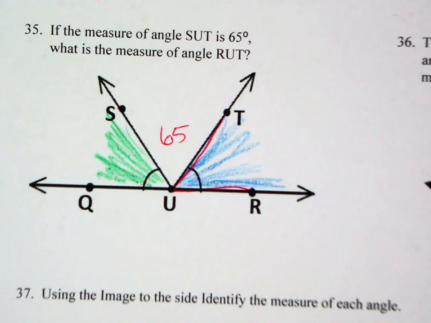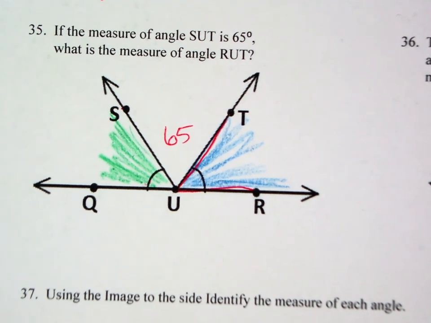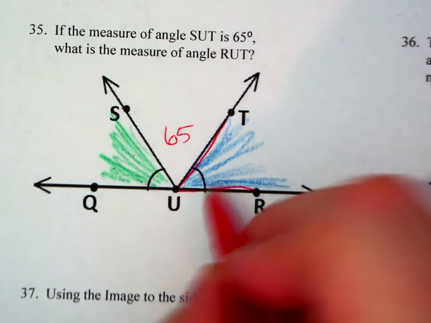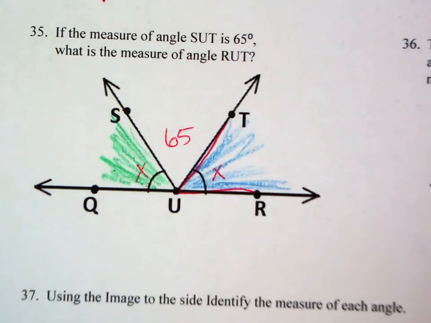We remember that especially when we studied the characteristics of an isosceles triangle, in which the two congruent sides had congruent opposite angles. So if I call one of these angles x, the other angle would also have to be x.